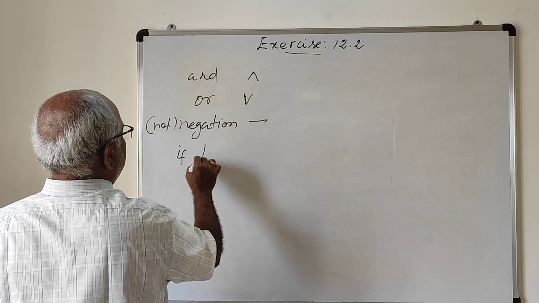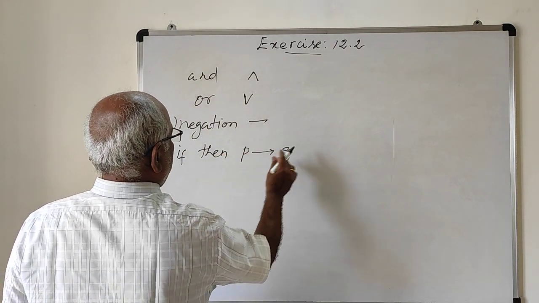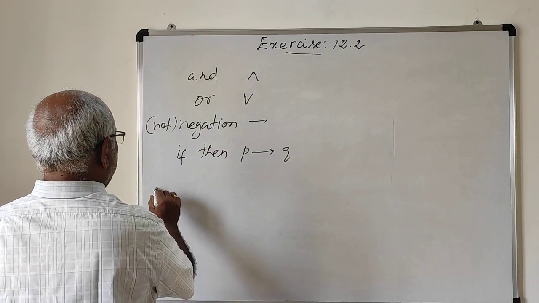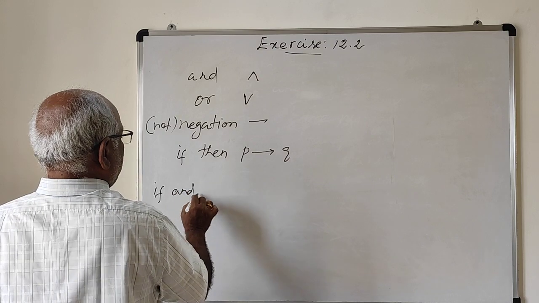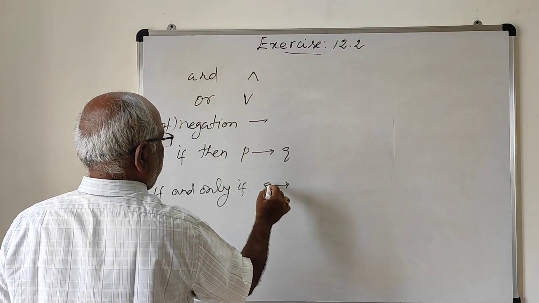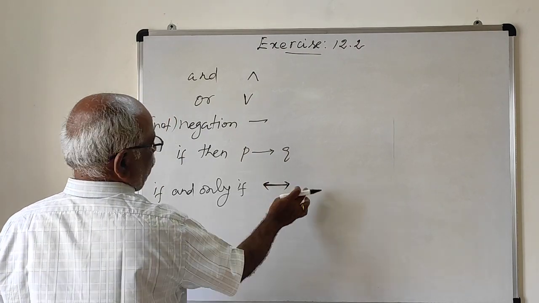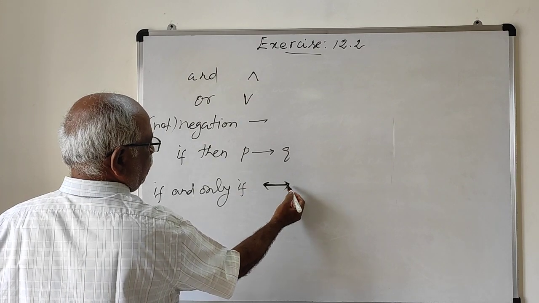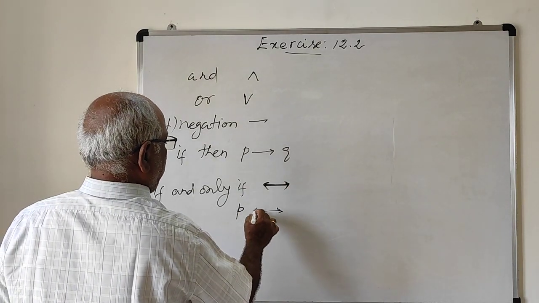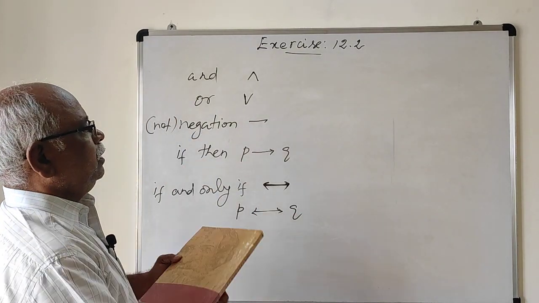And if then is the single condition statement: if P then Q. And if and only if is the double side statement: P if and only if Q. These are the notations, remember.